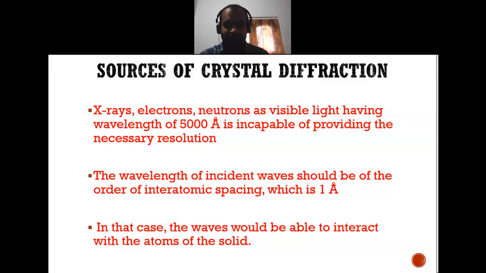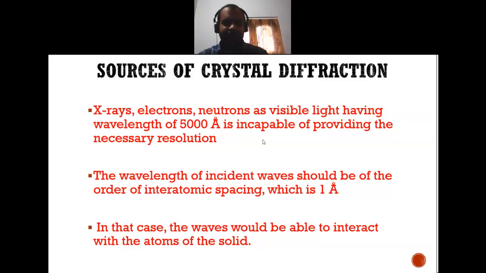The problem is visible light has a very long wavelength, of the order of 5000 angstrom. And what is the interplanar spacing or interatomic spacing in crystals? The interatomic spacing of crystalline materials is of the order of 1 angstrom.